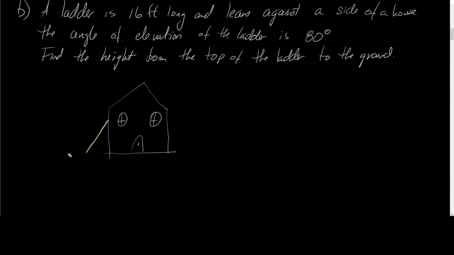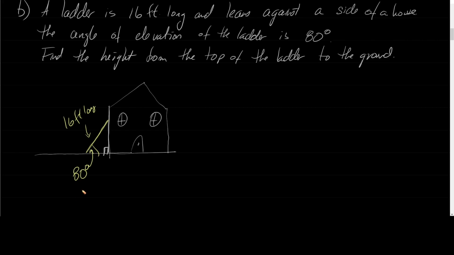All right. Notice here that this builds a right triangle right there. What do we know about this ladder? This ladder is 16 feet long. So that would be this distance, right? That's the distance of the ladder. What else do we know? We know this angle right here, because that would be the angle of elevation. And we're told that that is 80 degrees.